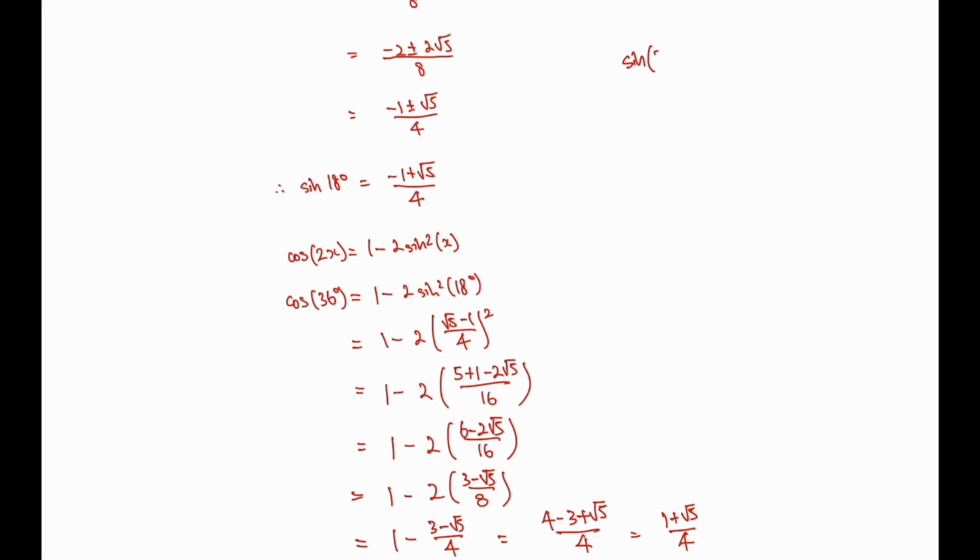Finally, we can work out the exact value of sine of 36 degrees using the Pythagorean identity.